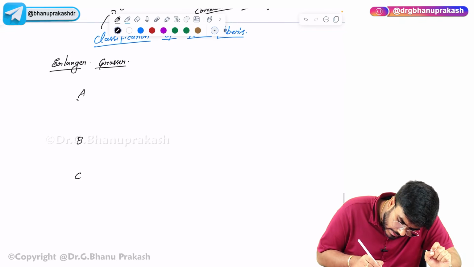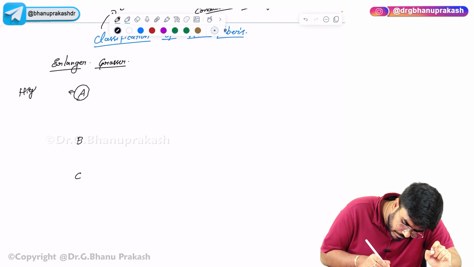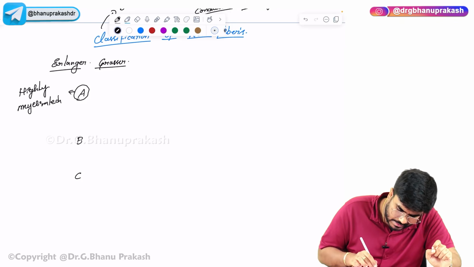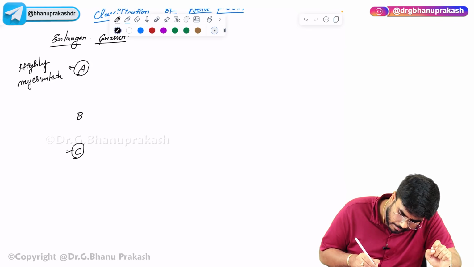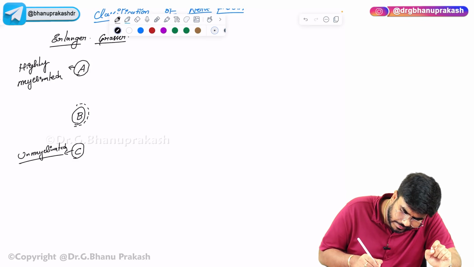Now, A fibers are highly myelinated and C fibers are unmyelinated. B fibers have little myelination.